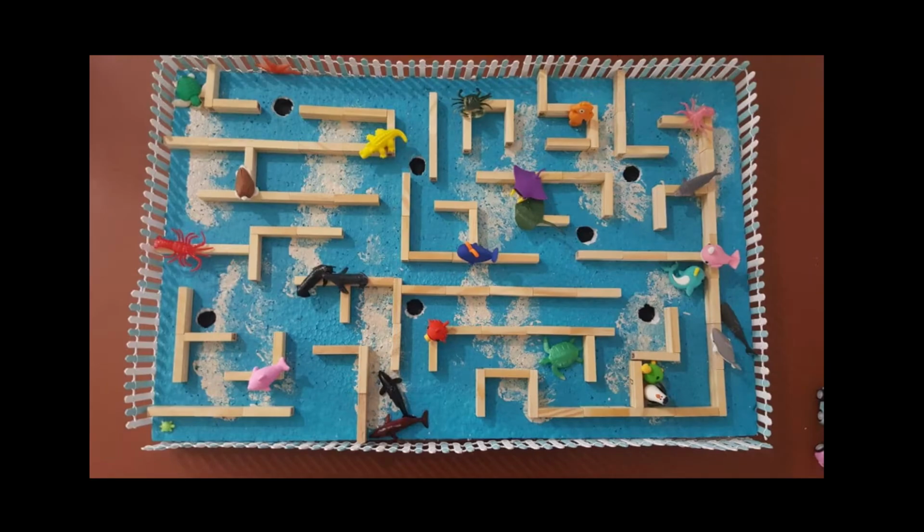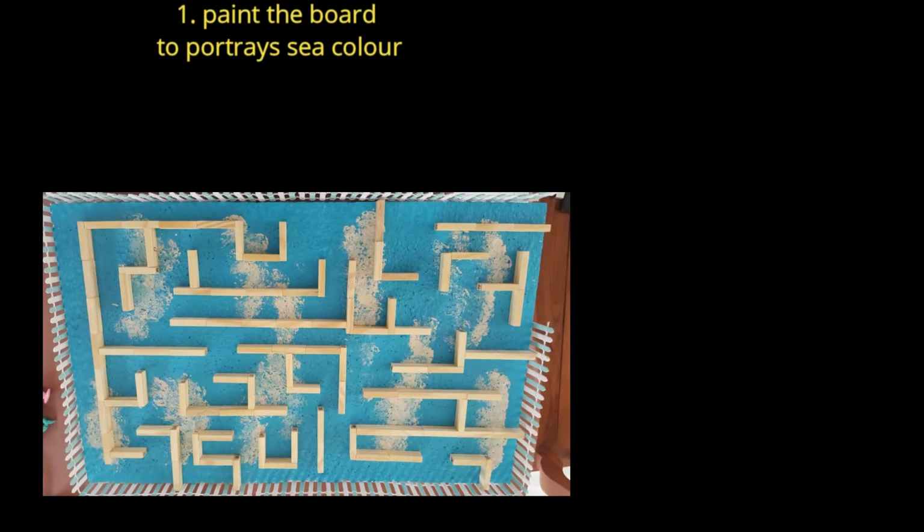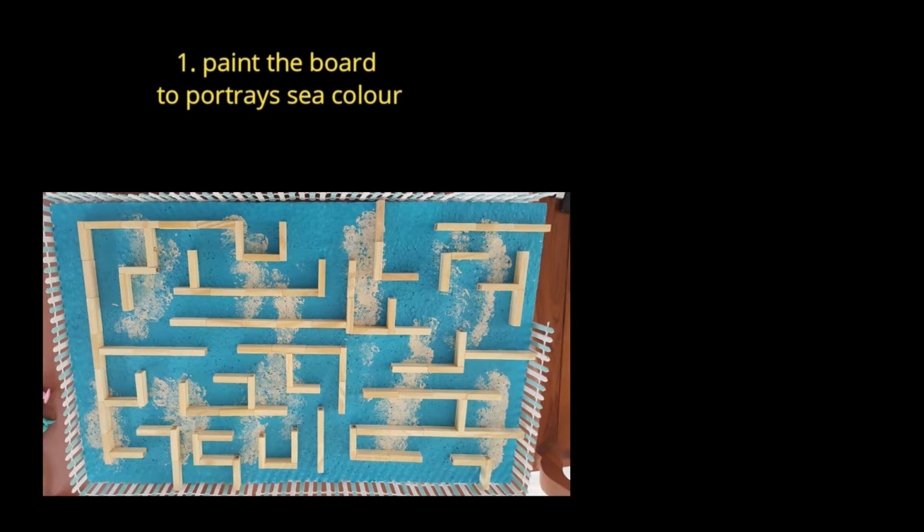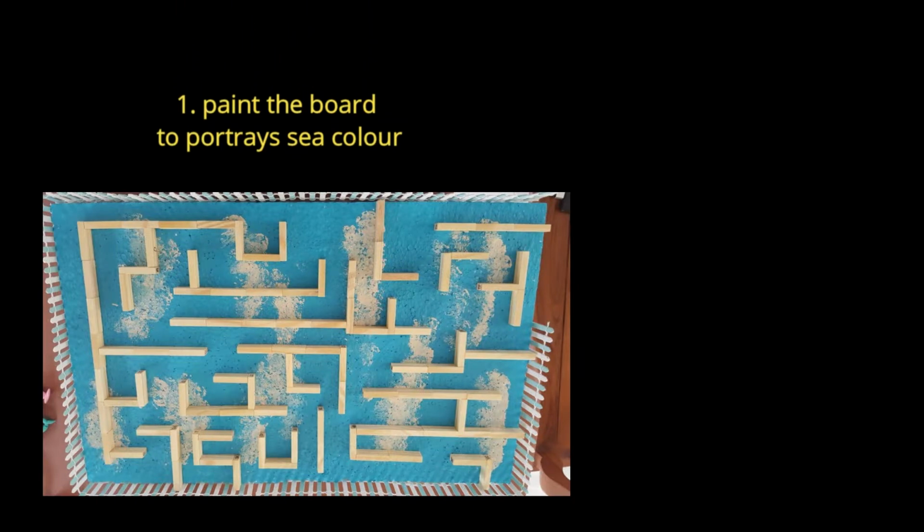Aesthetic or unique value covers the third part in this video. The part which I considered as unique in my marble maze is that I have painted my polystyrene board instead of only using blue paper to portray the sea color. Using blue and white paint, I have tried to portray the sea color on the board.